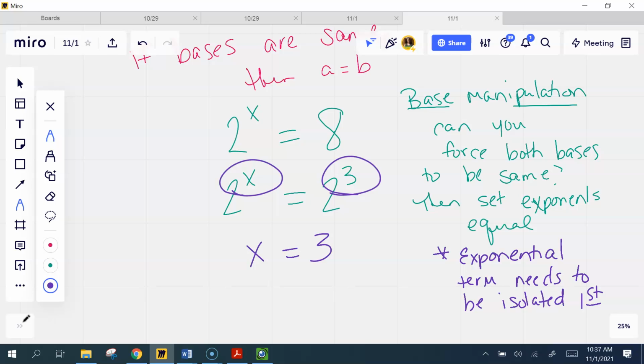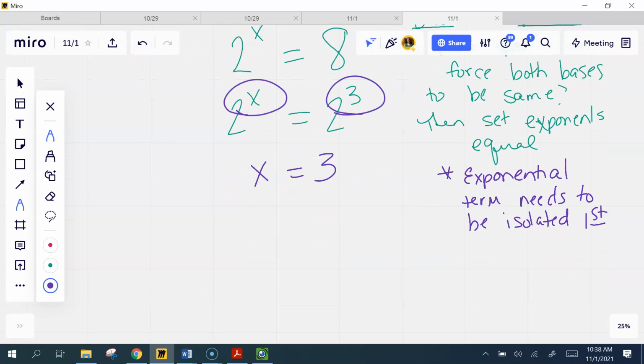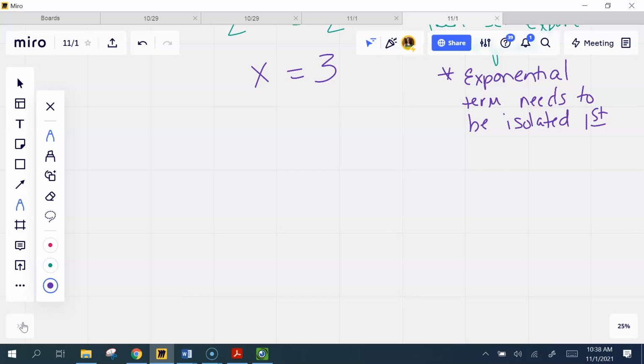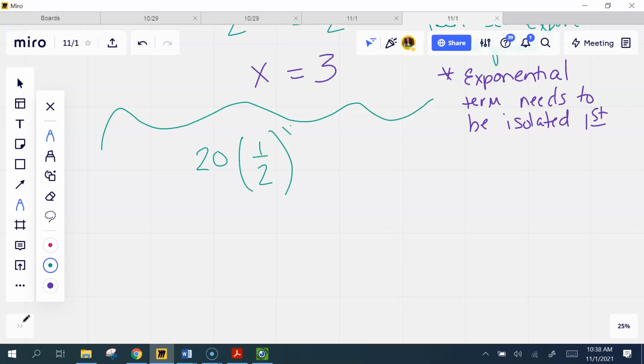So the 2 to the x equals 8 might be an algebra 2 type problem. But since we're doing pre-cal now, I need to solve for x.